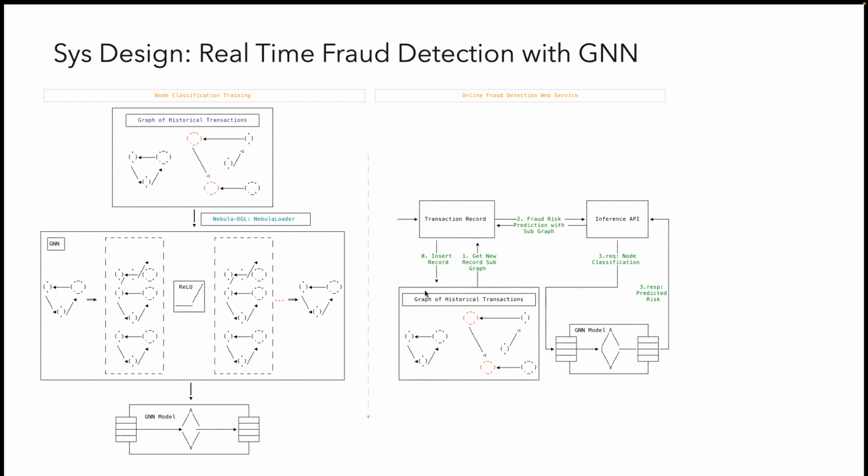We insert it into our graph, and in real time we can query the subgraph in a couple of hundred milliseconds, and then we put this roughly 3,000-node subgraph into the model that we trained before. So this can be done in real time. The graph database in this phase enabled the real-time nature of this whole workflow.